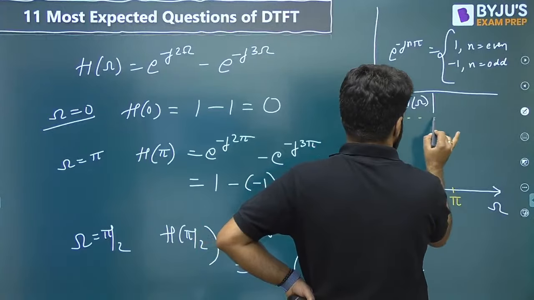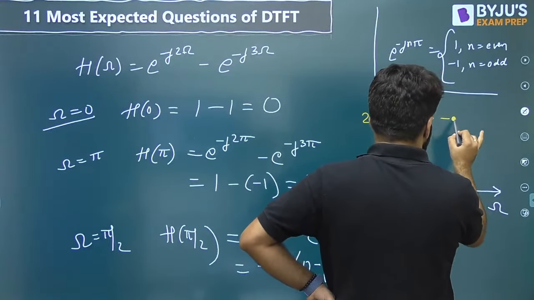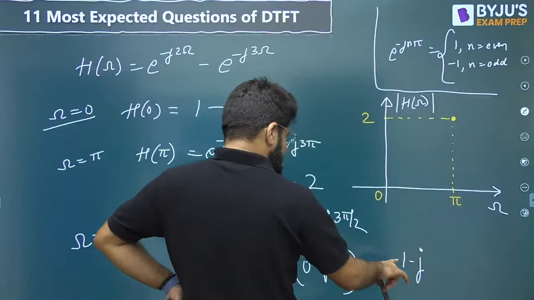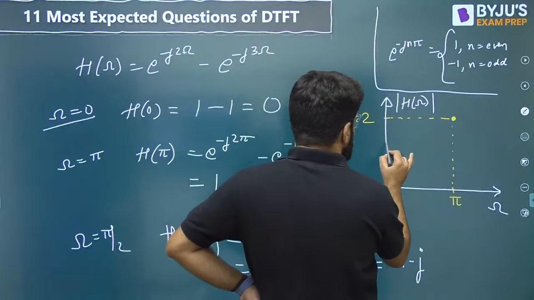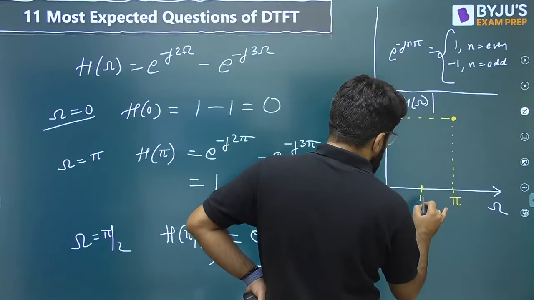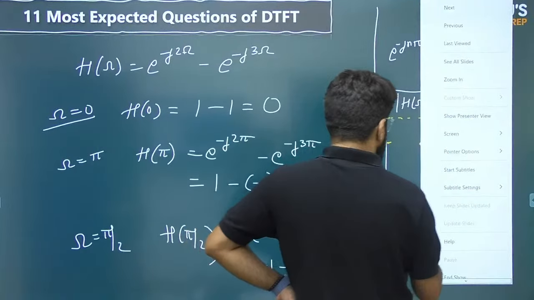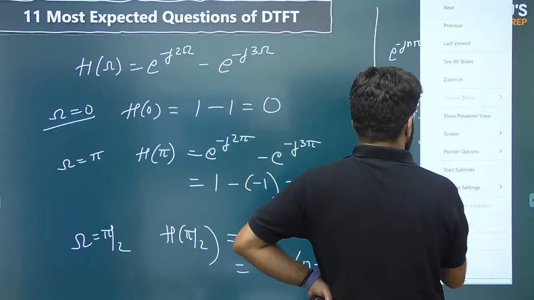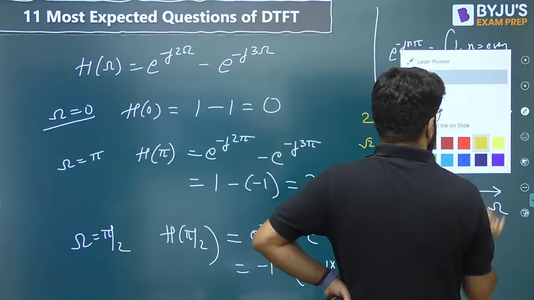At the mid frequency, the value is minus 1 minus j, so when you take the magnitude, square root of 1 square plus 1 square, that will be root 2. So at pi by 2, the gain is root 2.